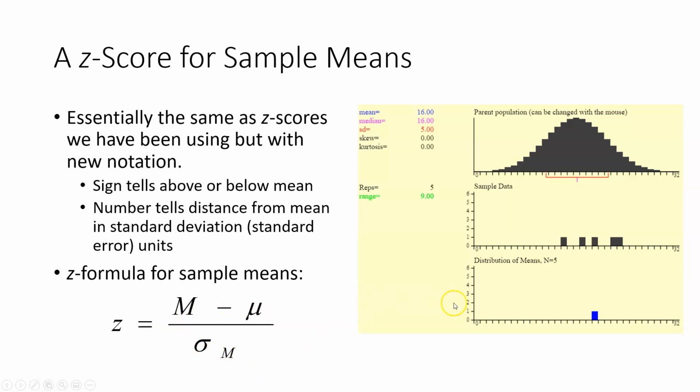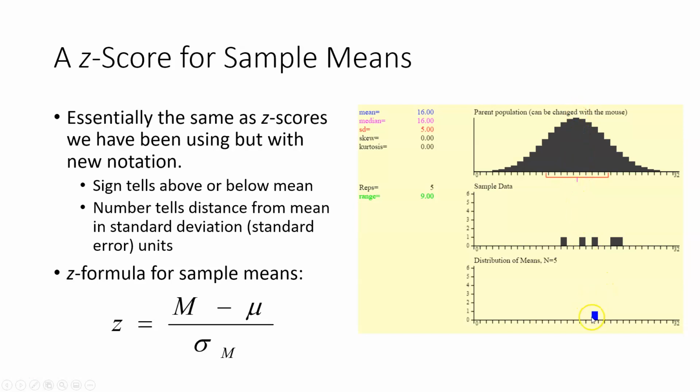So, to illustrate what's going on here, we might take a sample of 5 scores, compute their mean, and plot it here. Note that the mean of this sample is not the same as the mean of the population. This sample looks to have a mean of about 18 compared to the mean of the population at 16.